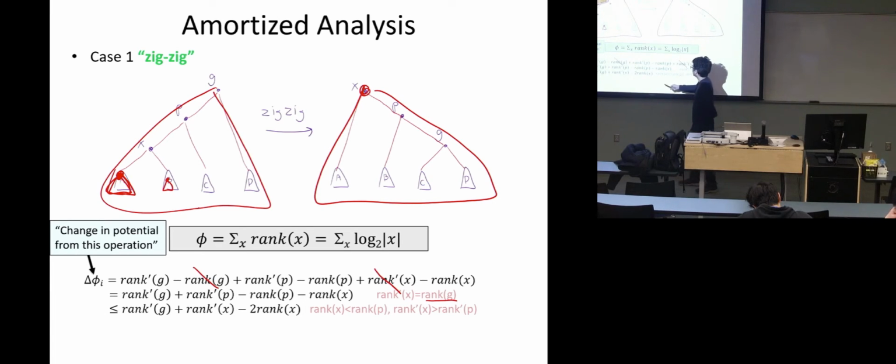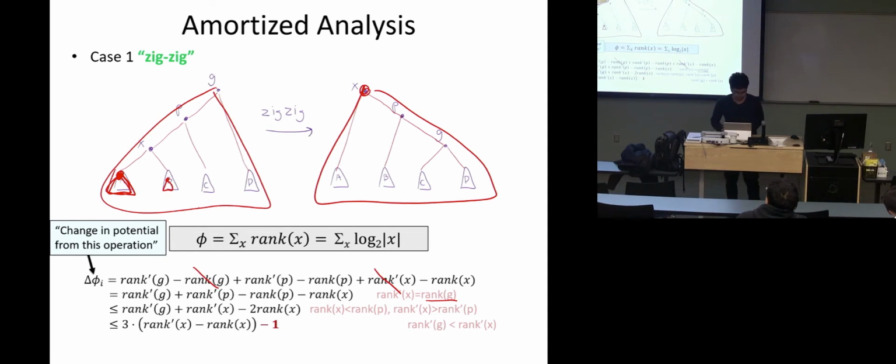Because rank of X is less than rank of P, you get this thing. Rank prime of P is less than the rank prime of X because P is below X. So you do some calculation, and then this is the important point.